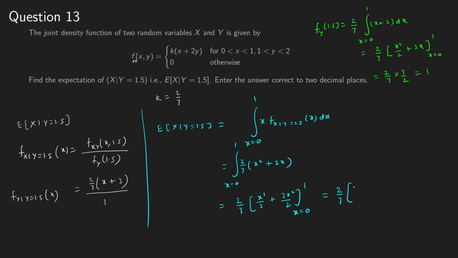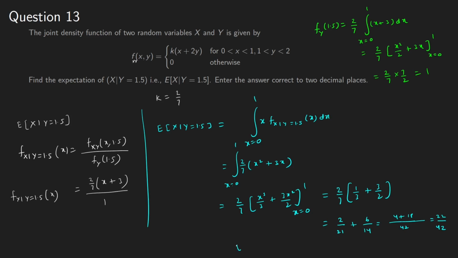So putting x equals 1, it will be 1 by 3 plus 3 by 2, which will be equal to 2 by 21 plus 6 by 14, which will be 4 plus 18 over 42, which is 22 by 42.